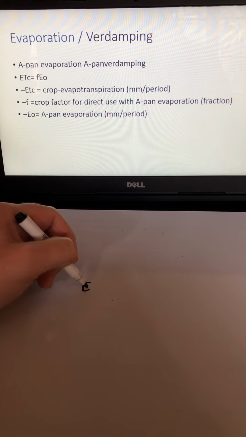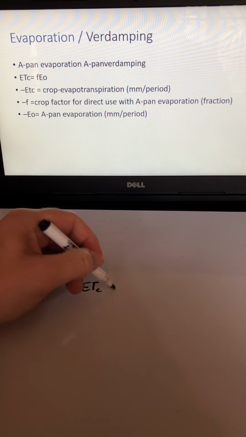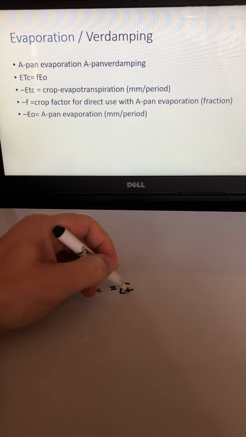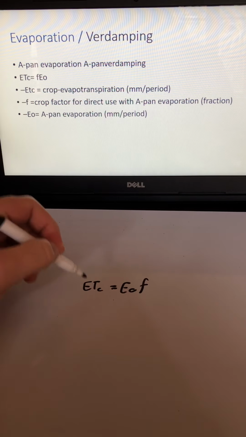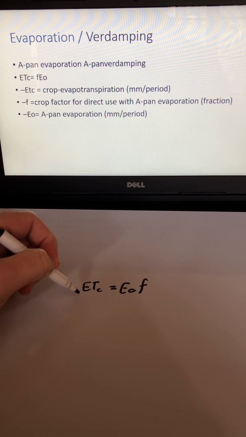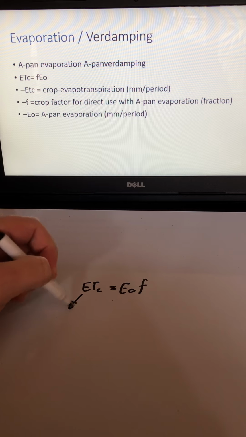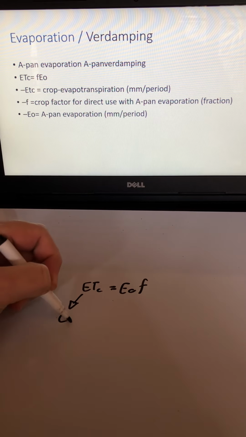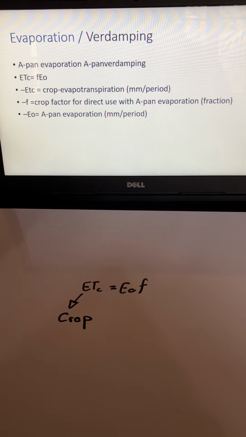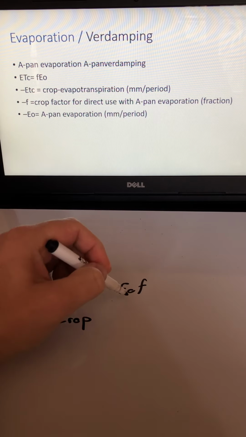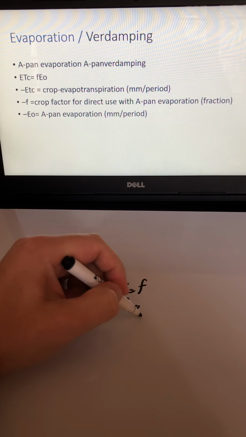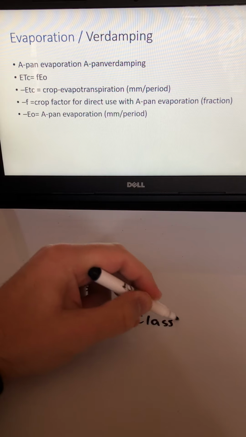So you have ETC equals EO times F. So this ETC refers to the evaporation that happened in your crop, and then this EO is your Class A pan.